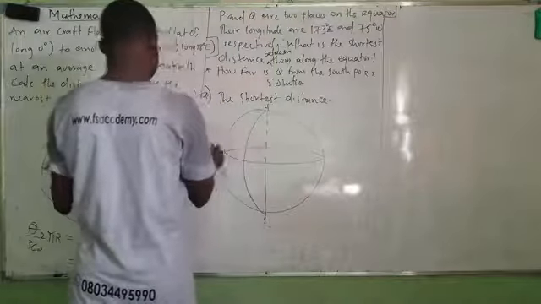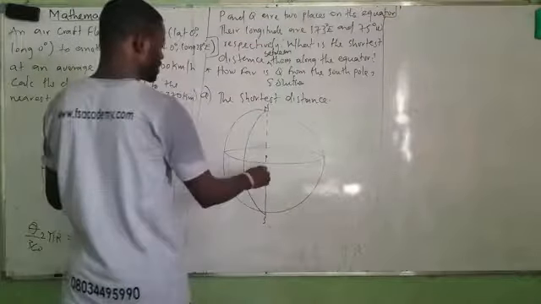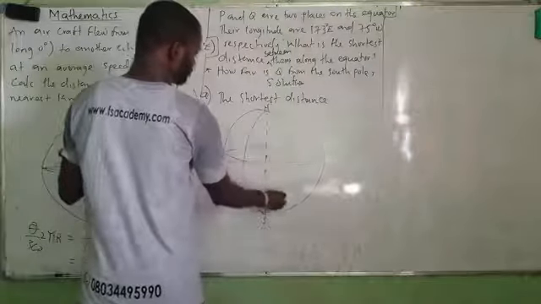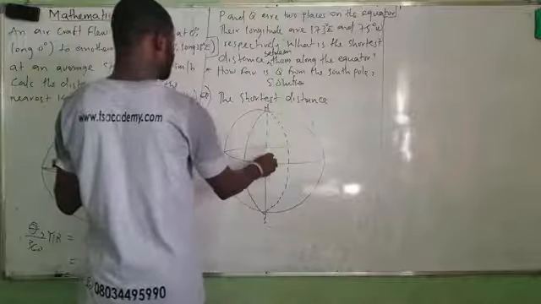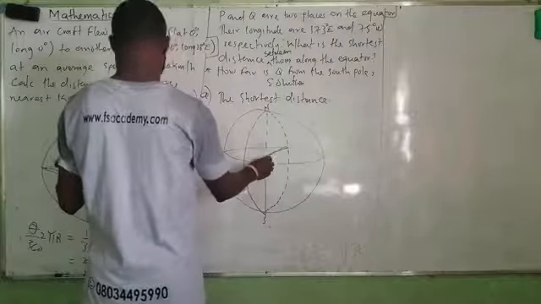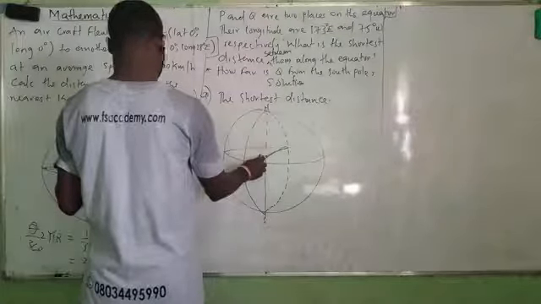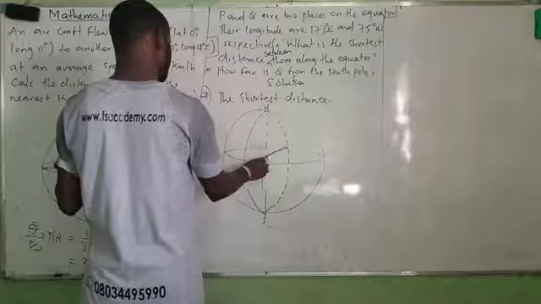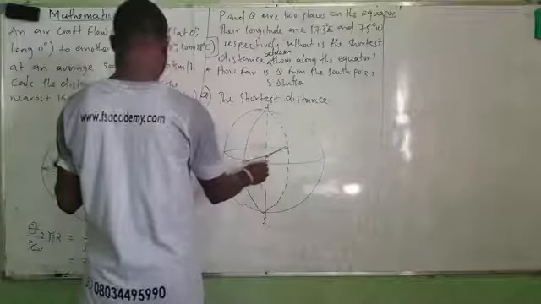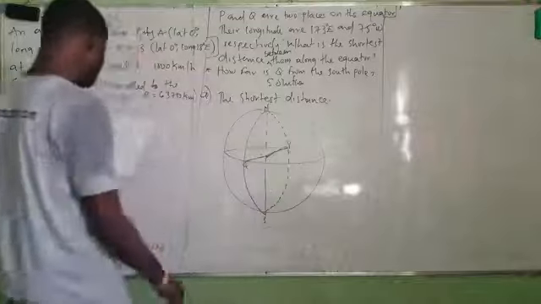From the question, this is going to be like this, and we have another one like this. This is going to be Q, and this is going to be P. That is what the question is doing.